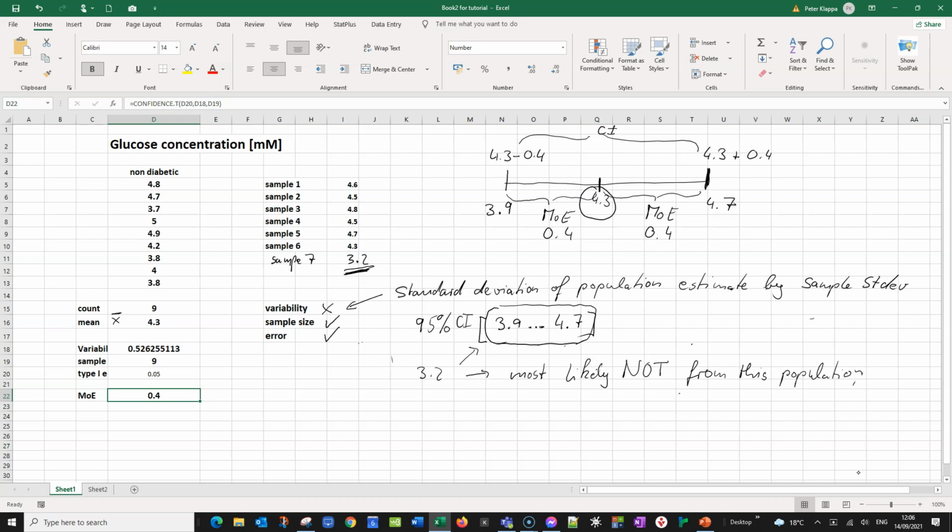So this confidence interval gives us a good indication whether a sample belongs to this population or not.